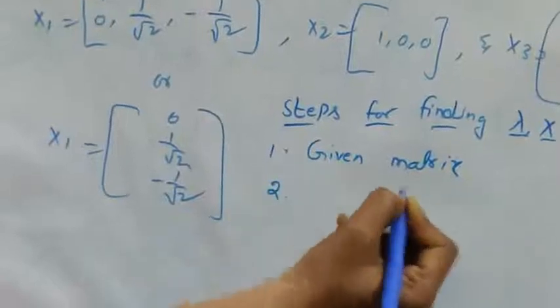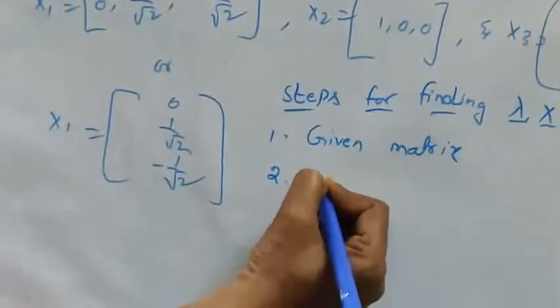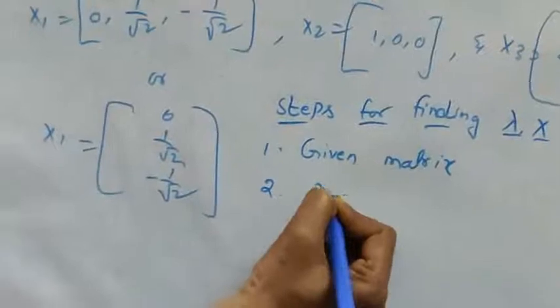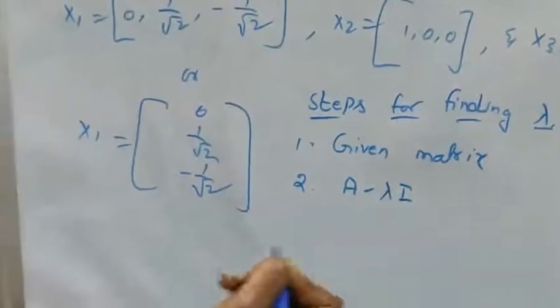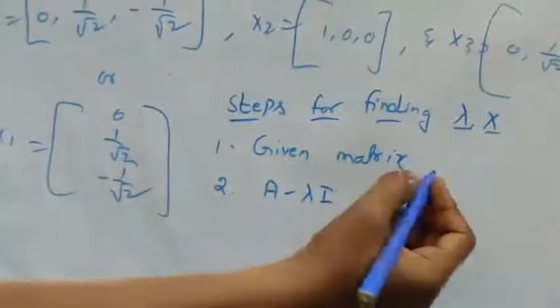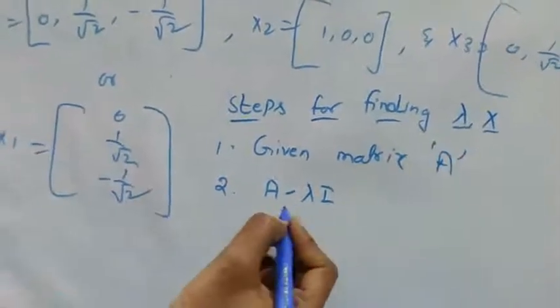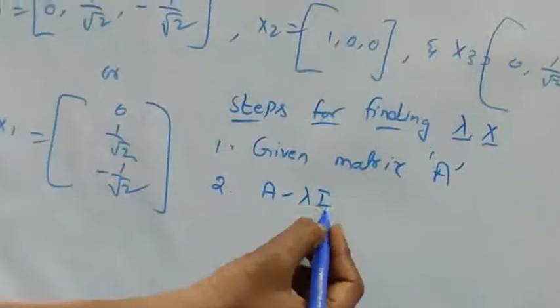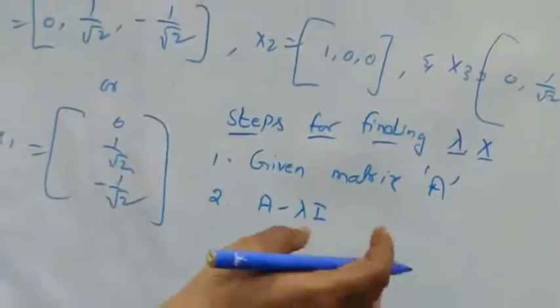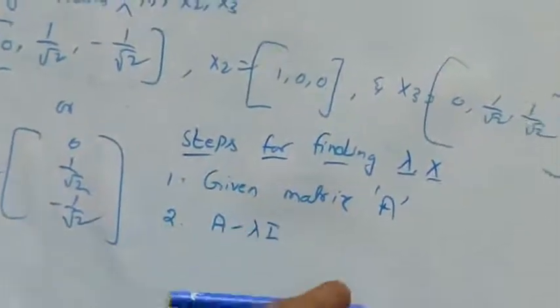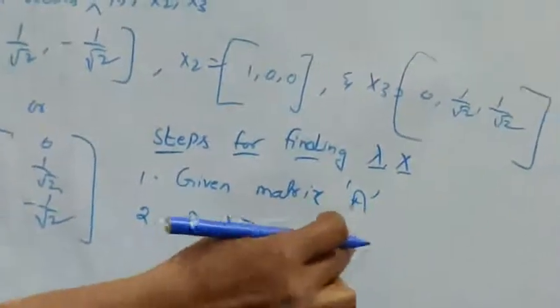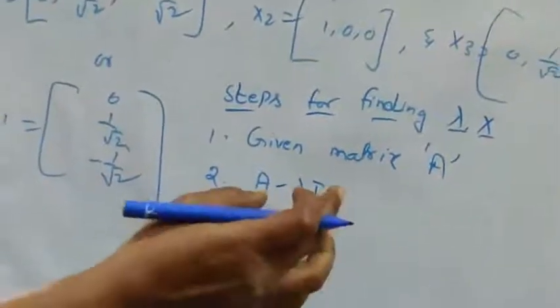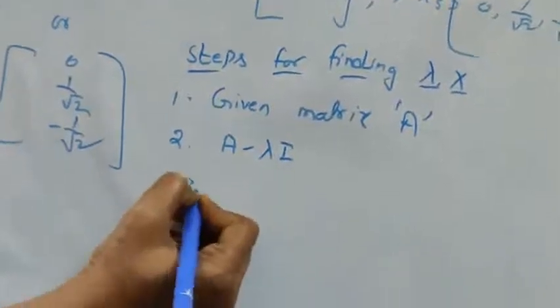Next, for this matrix, we have to apply A minus lambda I. You know what A is: your given matrix is A. Lambda is a scalar, and I means the unit matrix. You know the elements of the unit matrix: all the diagonal terms are 1 and the remaining terms are 0. Now for this you are going to apply the determinant.